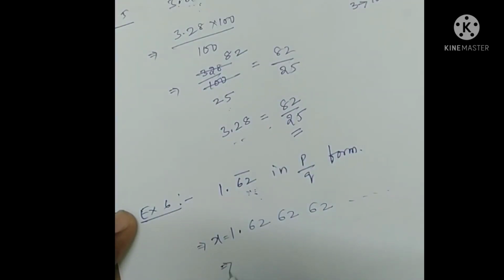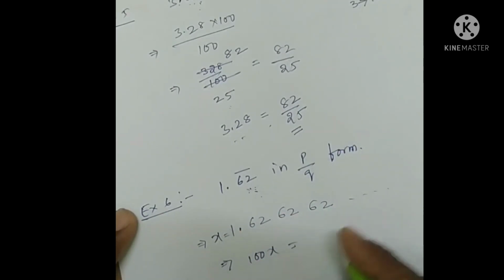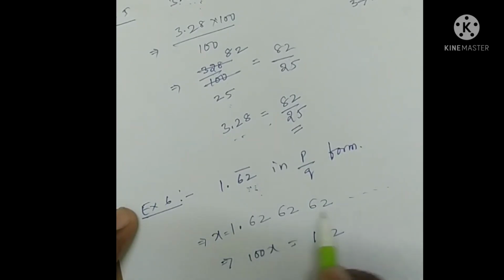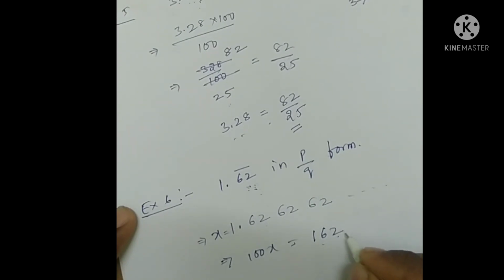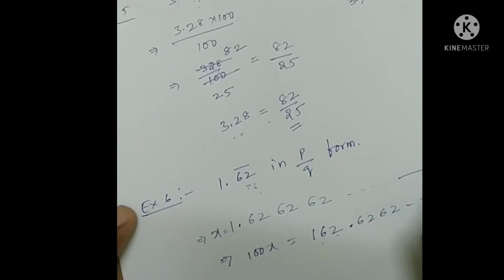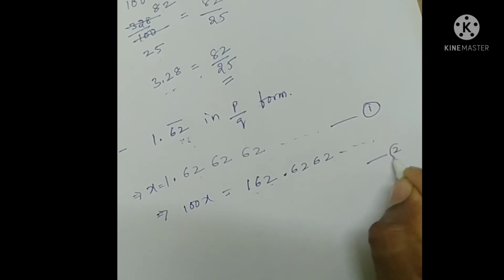Both sides LHS and RHS multiply with 100. 100x is equals to 162.6262 and so on. Here two decimals go to the left side. So this is equation 1, this is equation 2.